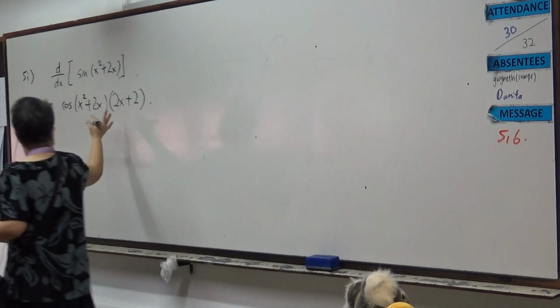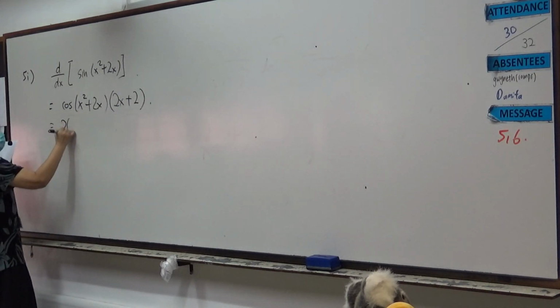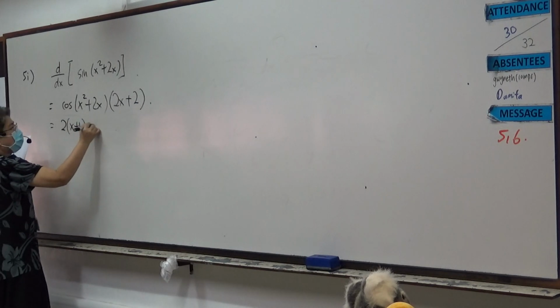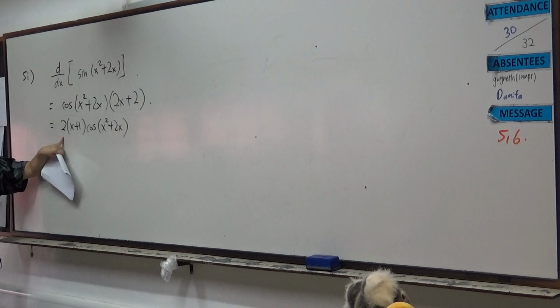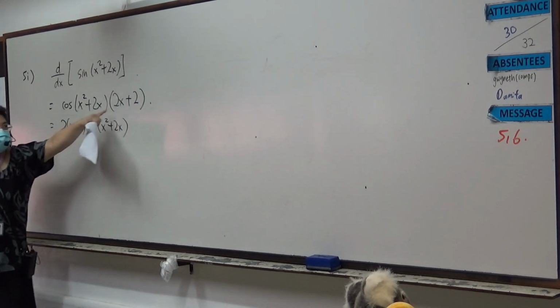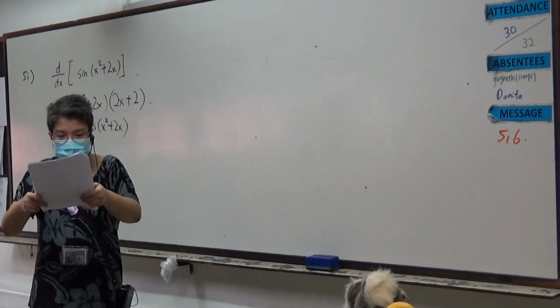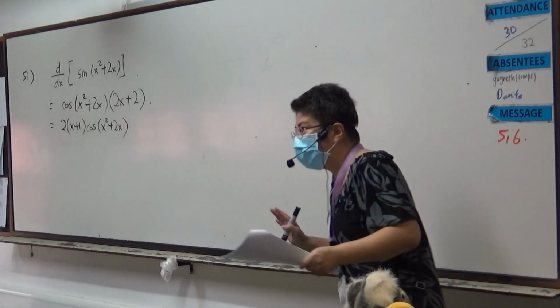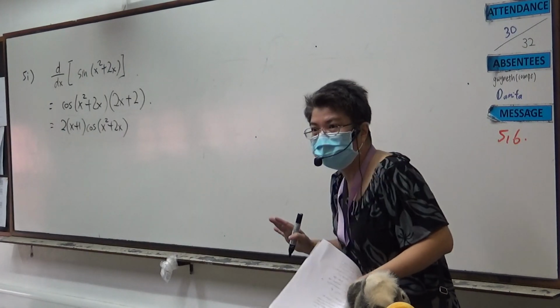Now usually we put the algebra in front, so this will be 2. Now what do you think I have done here? I factorized out the 2, so I get this one. Everybody okay? Can or cannot? Can, huh?